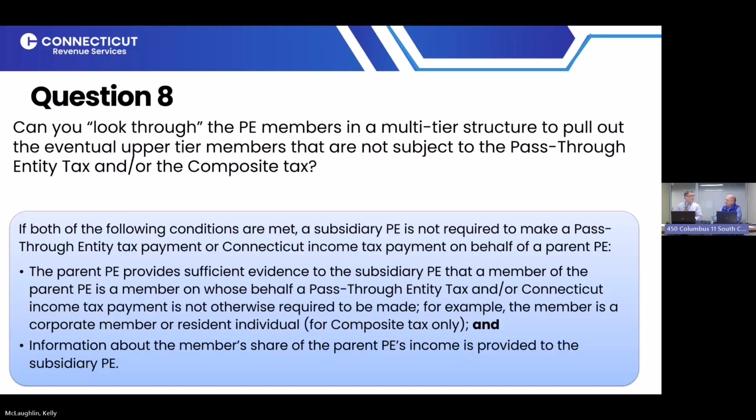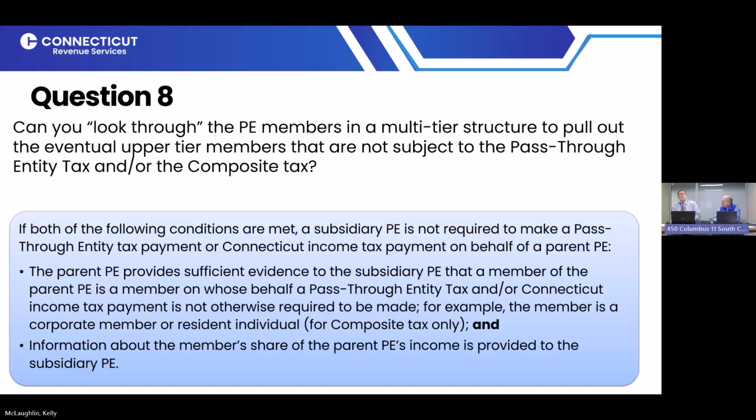A subsidiary PE is not required to make pass-through entity tax payment or Connecticut income tax payment on behalf of a parent PE. So there's two conditions. The parent PE would have provided sufficient evidence to the subsidiary PE that the member of the parent PE is a member on whose behalf pass-through entity tax and/or Connecticut composite income tax payment is not otherwise required to be made.